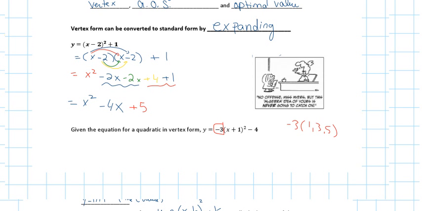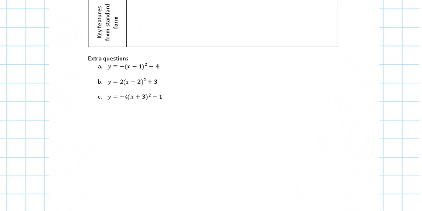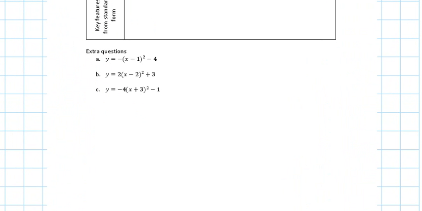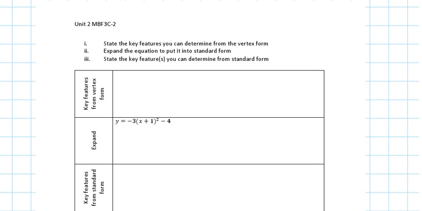So the question is the following. State the key feature you can determine from the vertex form. Expand, then state the key feature you can determine from the standard form. So remember that the equation is y equals negative 3 times x plus 1 squared, plus 1.